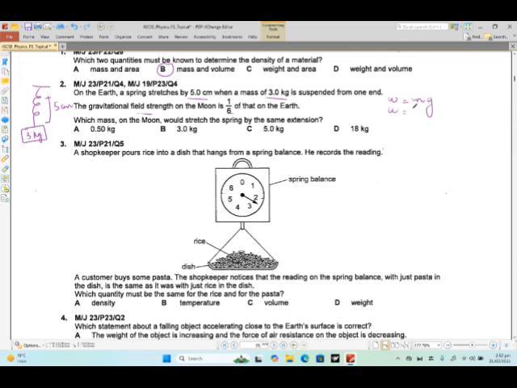Weight is to be found from 3 and 10. I am taking the value of g to be 10 because for the kids who have to sit papers before 2025, the value of g was taken to be 10. Now it's taken to be 9.8.